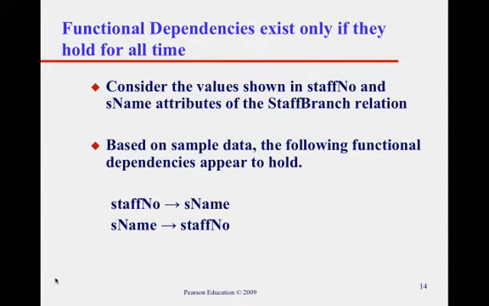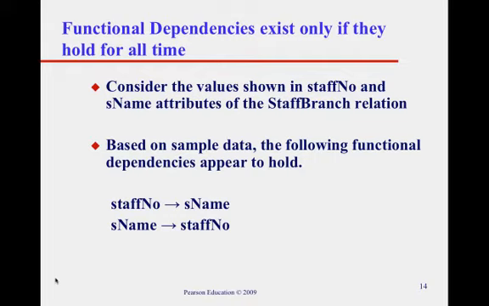So when you are coming up with functional dependencies, you just can't look at your sample data, which is what a lot of new designers do. They just look at their sample data and derive the dependencies without thinking about whether the sample data really captures all the possible data, or whether there is other potential data that would make this functional dependency not hold.